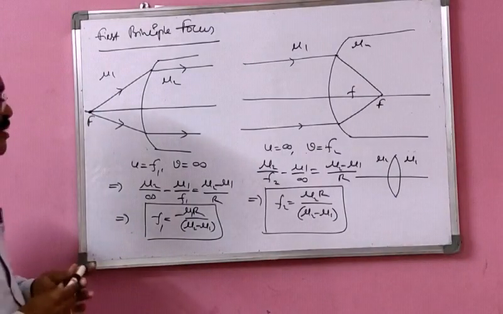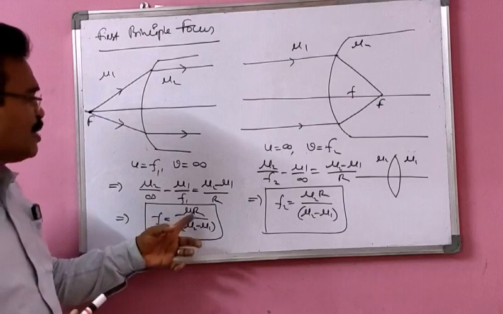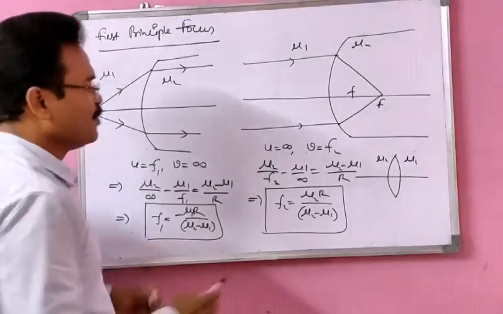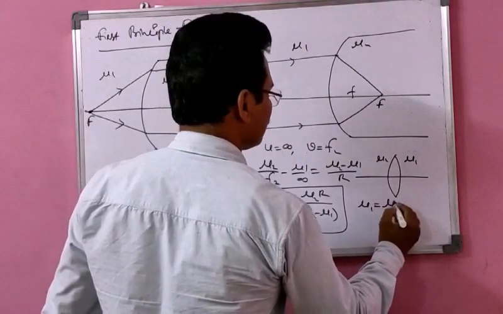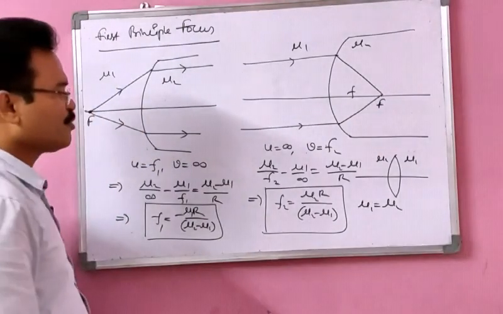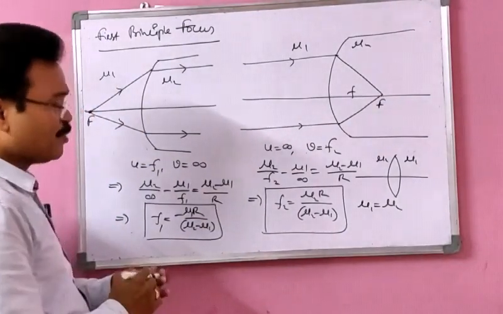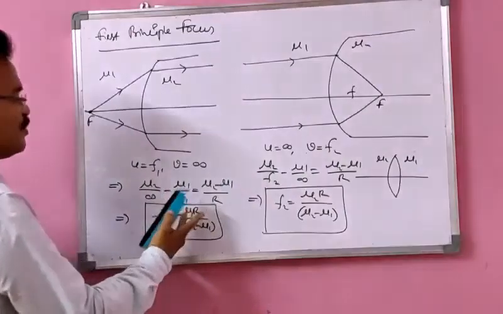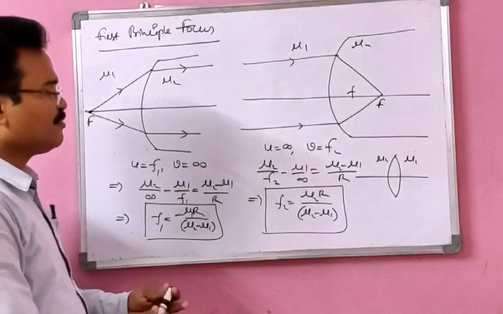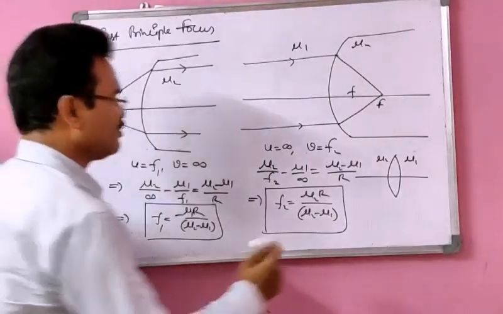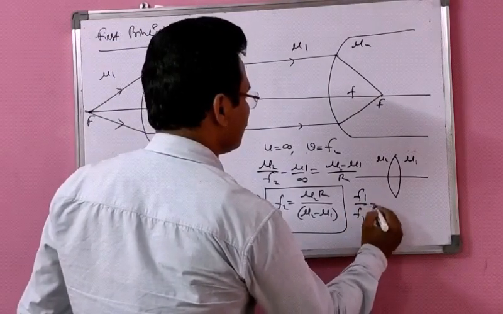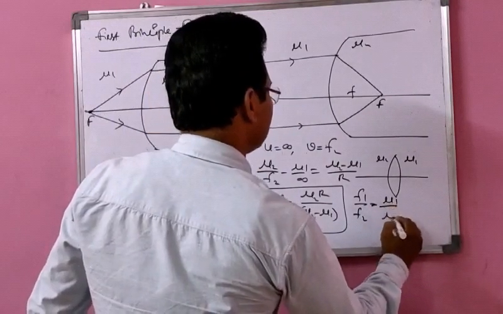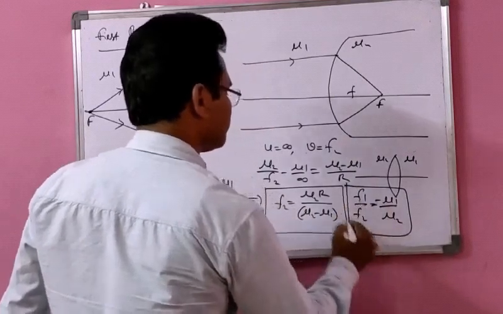So in this case, mu1 and mu2 on either side will be the same. Actually mu1 is not equal to mu2 in the general case. If it is the same, then this mu2 and this mu1 are going to cancel out. If you divide these, you are going to get f1 by f2 equal to minus mu1 by mu2.